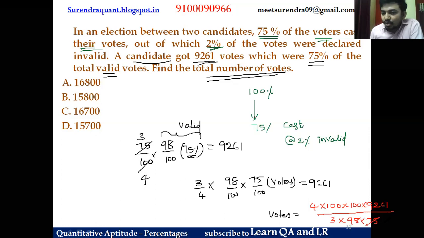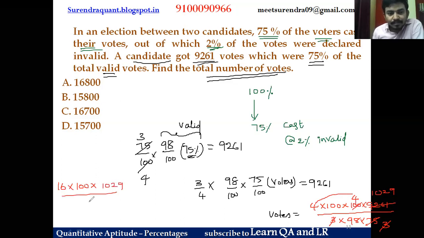25 threes are 75, 25 fours are 100, 3 into 3, 9. So 9 goes into 9,261, 1029 times, right? So this is 4 into 4, 16. So 16 into 100 into 1029 by 98. Now if you check these calculations, they will be easily divisible.